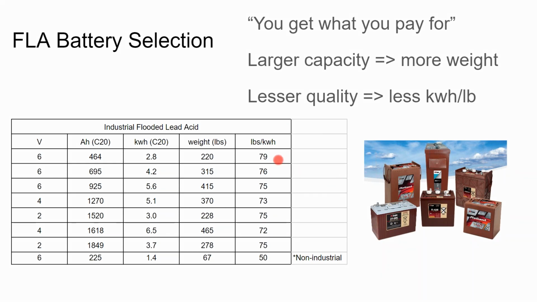So this is kind of interesting. The industrial flooded lead acid batteries compared to a non-industrial flooded lead acid weigh a lot more per kilowatt hour. They're more dense. Their plates have more lead in them. They're just higher quality through and through, with weight being a quality indicator.